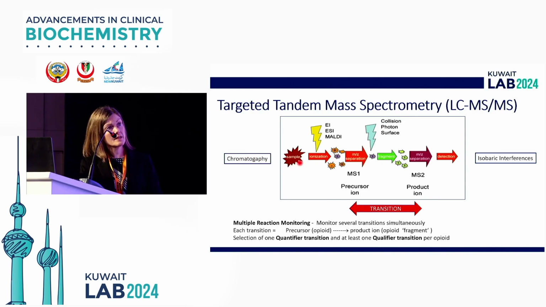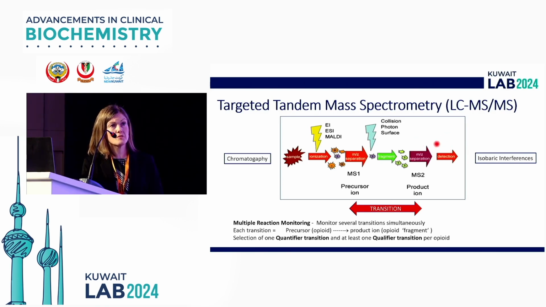That gets ionized and then introduced to the first quadrupole, where the molecules are separated according to size and charge. They're then collided with gas in a fragmentation quadrupole, and then the third quadrupole, which is MS2, separates all of those fragments according to mass and charge, and then they're put through into the detector.